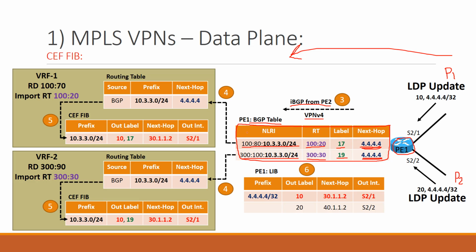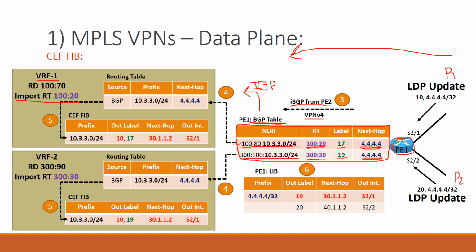Now this BGP table should be redistributed into the IGP, but BE1 uses VRFs. So which entry should go to which VRF, based on the route target? Because this VRF inside BE1, by the way, all these things are inside BE1, all this slide. So VRF1 is configured with import route target 10:20.